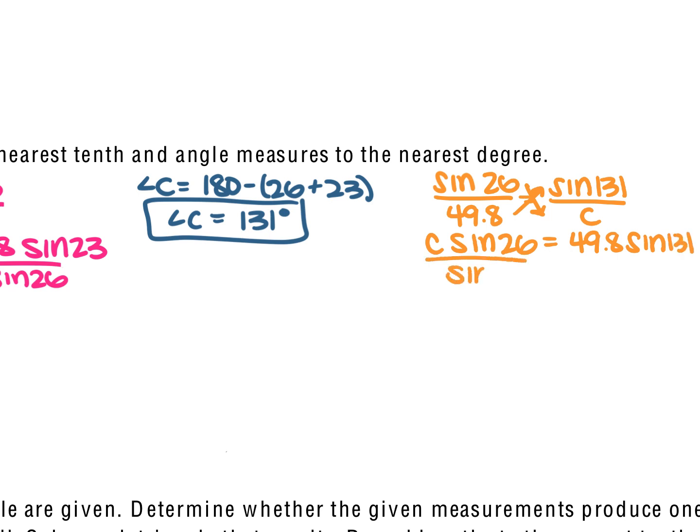Divide each side by the sine of 26. This gives you that C is equal to 49.8 times the sine of 131 divided by sine 26, 85.7.